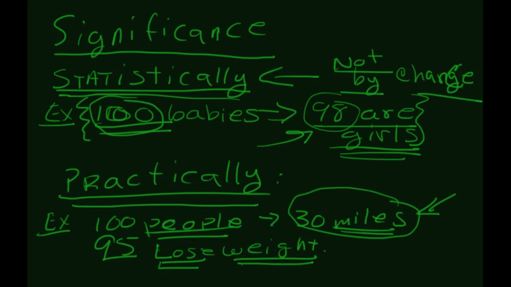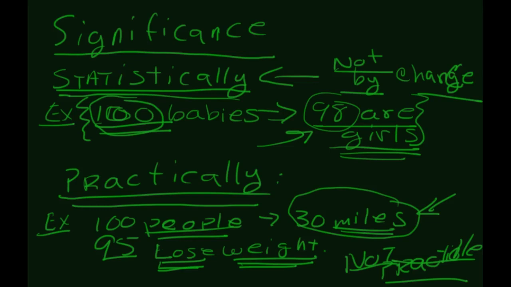You walk 30 miles a day, you increase the probability that you are going to lose weight. But to the person who's trying to lose weight, adopting a 30-mile-a-day walking regimen is not practical. Okay? So it does not lead to a course of action that makes practical sense or usefulness.